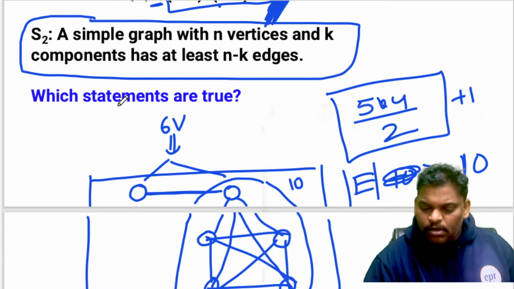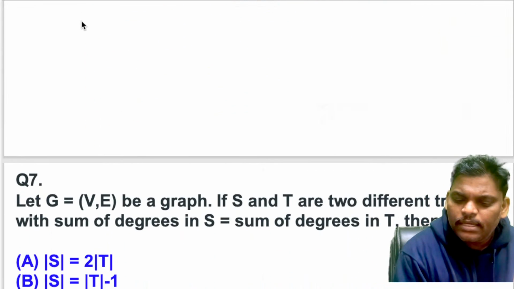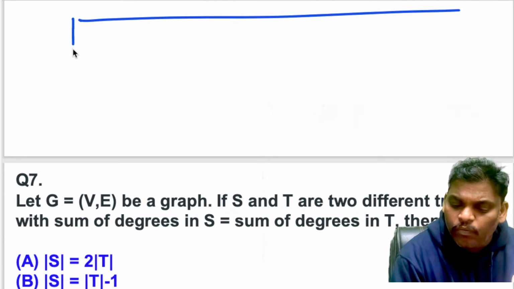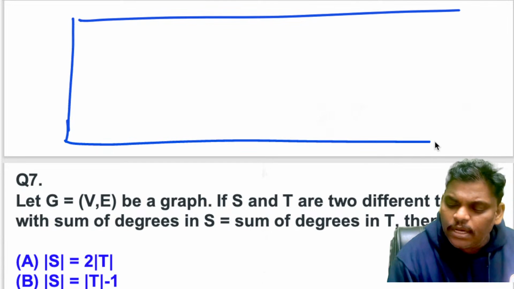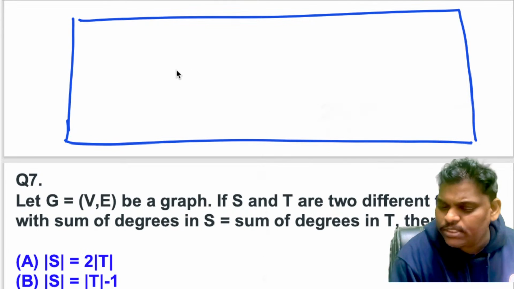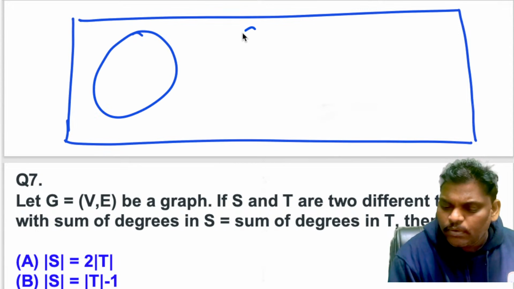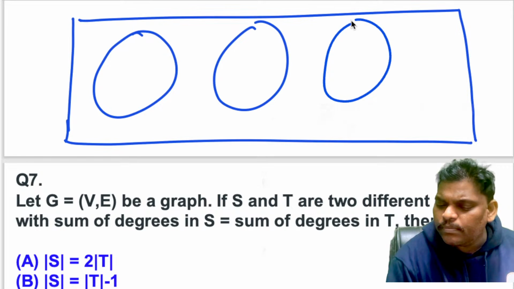Now listen everyone. S2 is saying a simple graph, no forest here, a simple graph which contains k components.